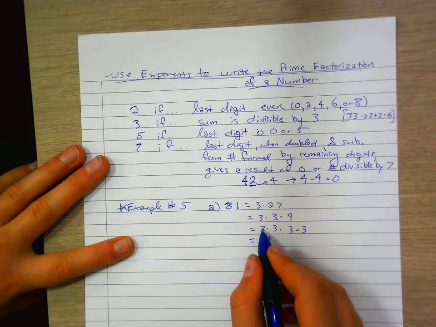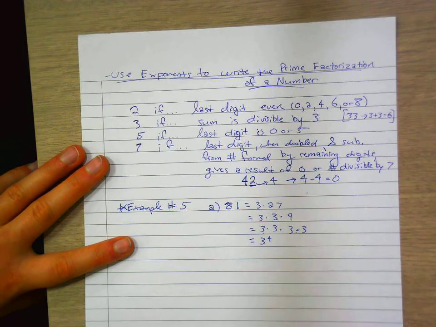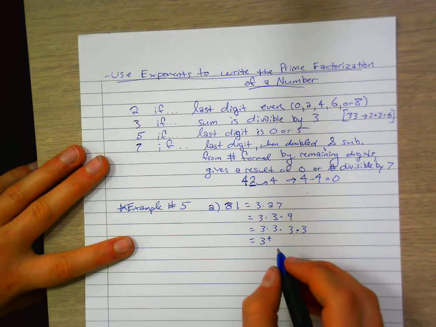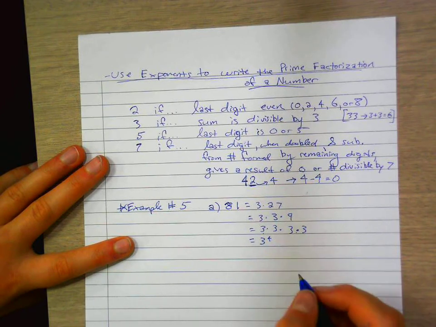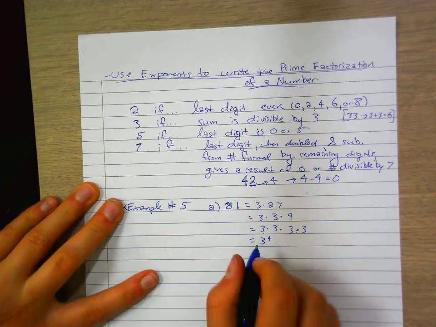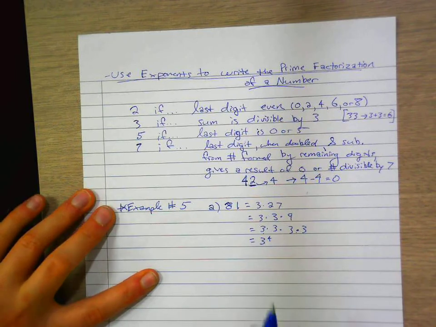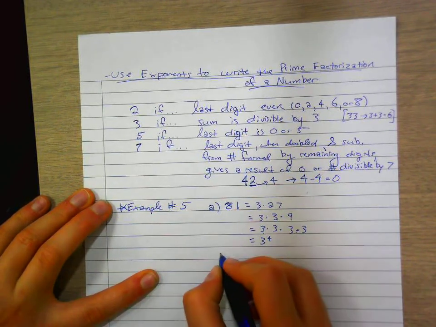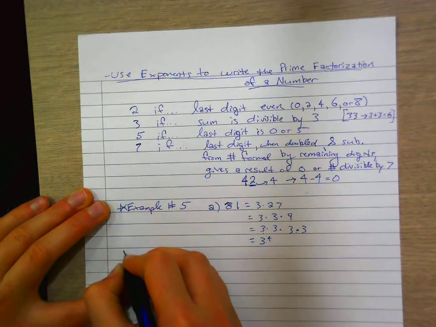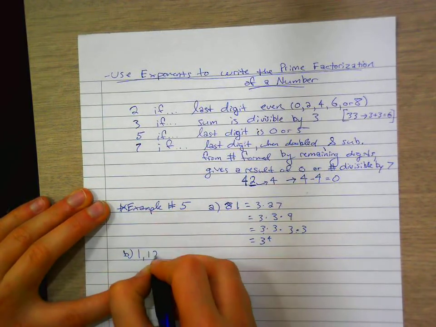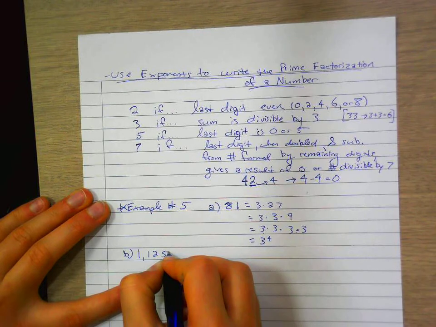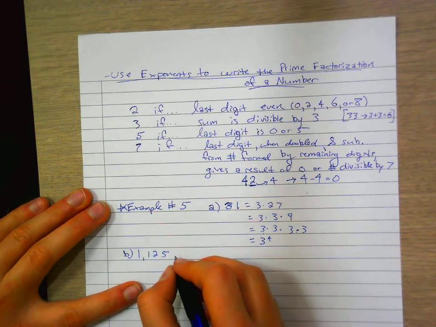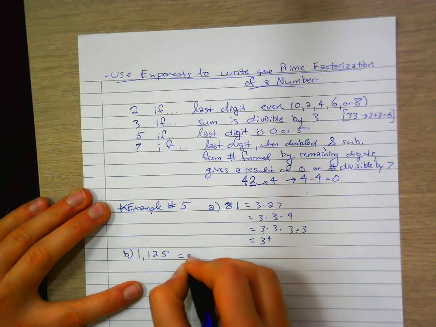3 is our repeating number, repeated 4 times. That gives us our exponent. Now simplify, and that gives us this. Okay, let's try this another time with 1,125. The last digit is 5, so we'll start by dividing it by 5.